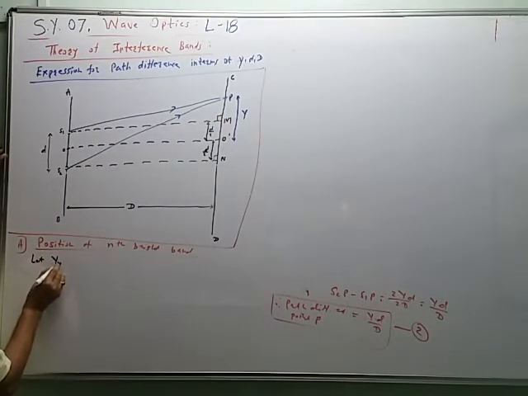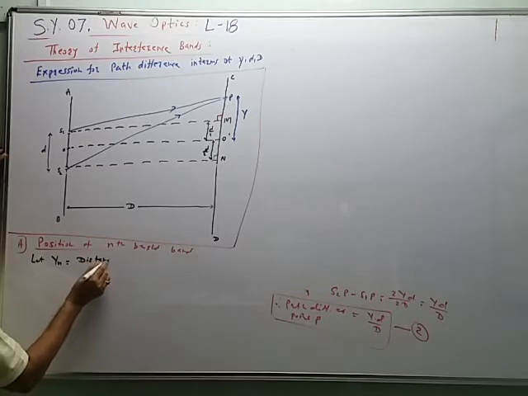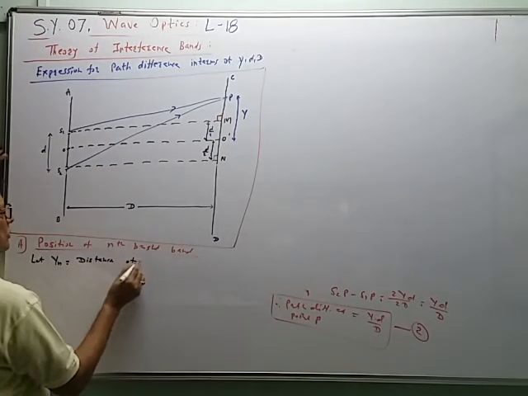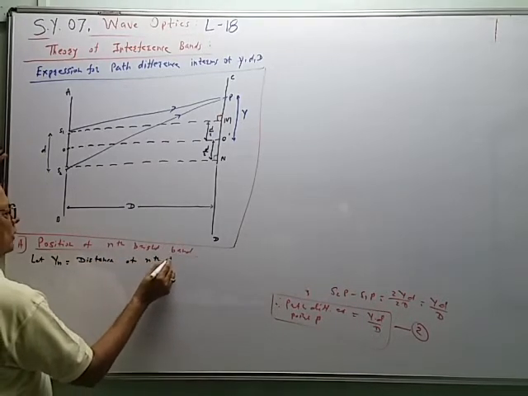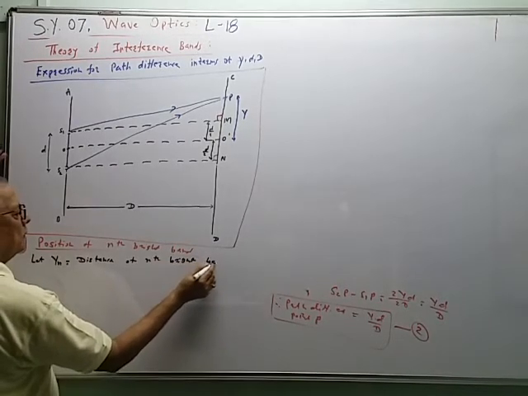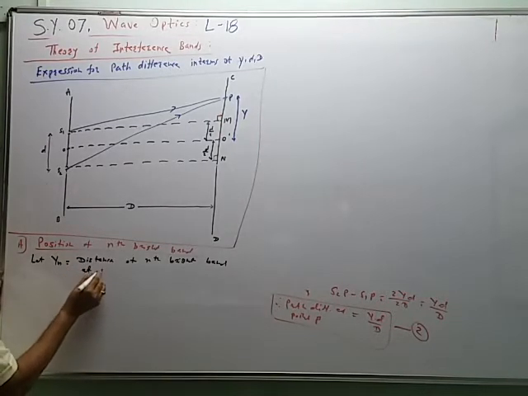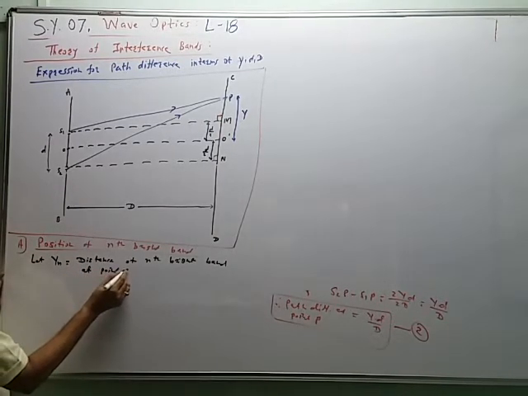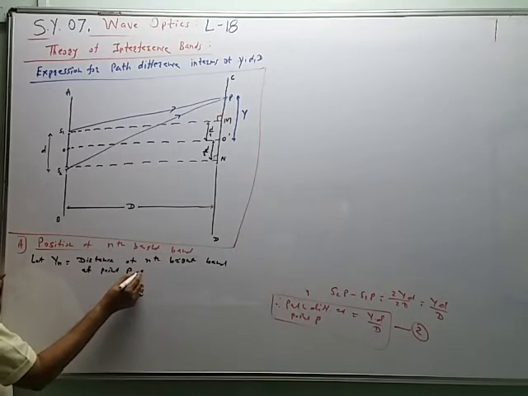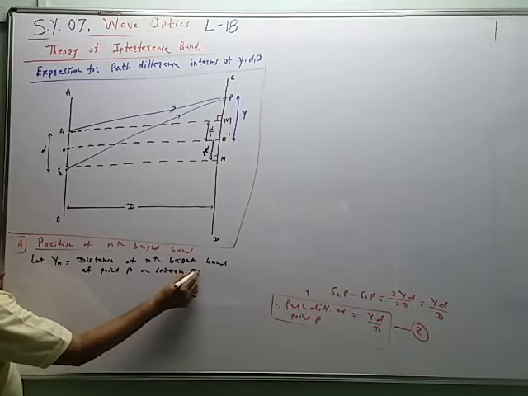Let yn be equal to the distance of the nth bright band at point P on the screen CD.